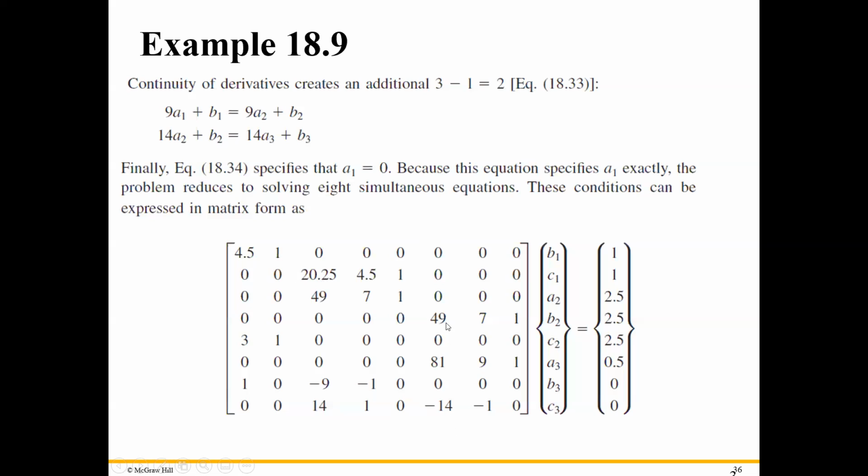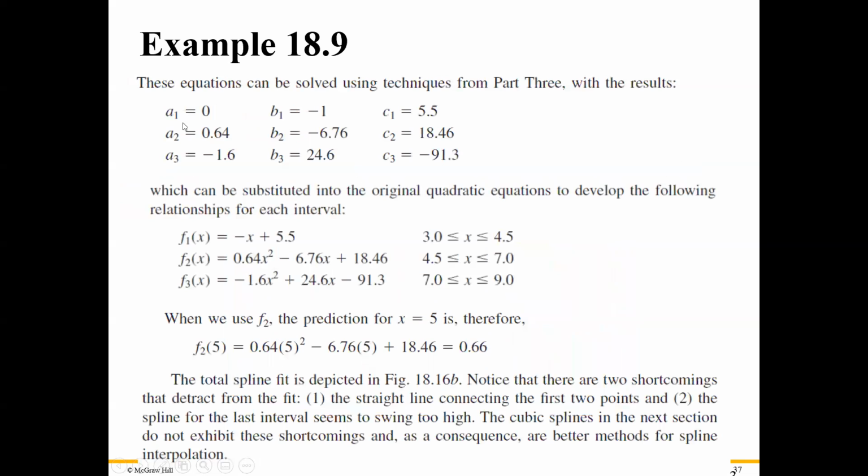So this is an 8 by 8 system which can be solved by MATLAB or by any other approach, for example in Excel as well. When you solve it, we will get these values: A1 is equal to 0, B1 is equal to -1, C1 is equal to 5.5, and likewise we get these other values.